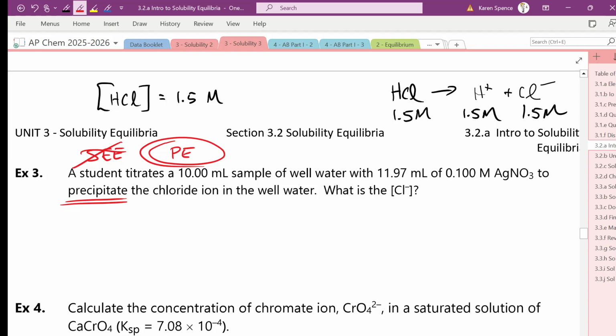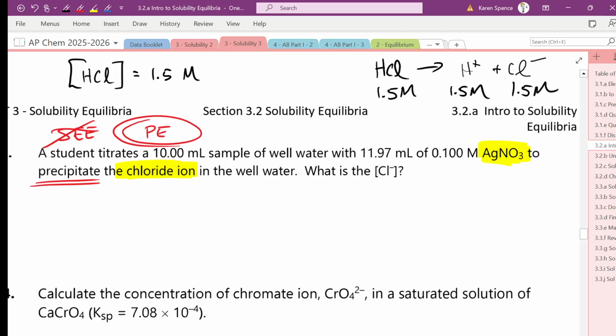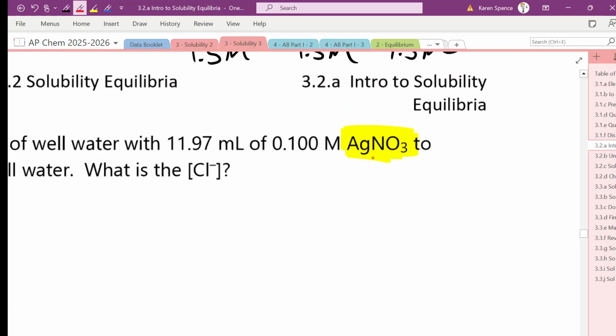Now, this one is a little tricky to write because we have a compound and we have an ion that it is reacting with, and that throws some people for a loop sometimes. But what do we know about nitrate salts? Nitrate salts are always soluble.